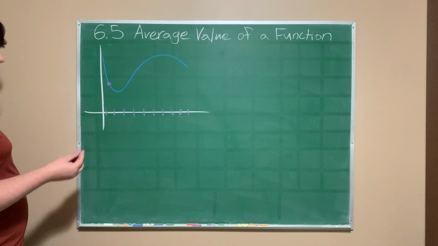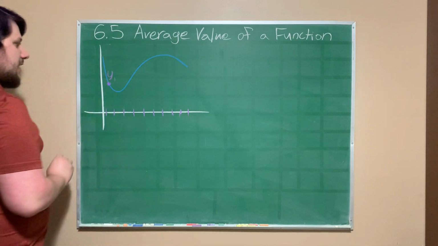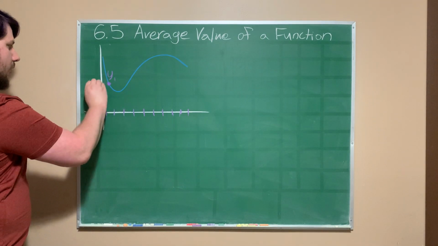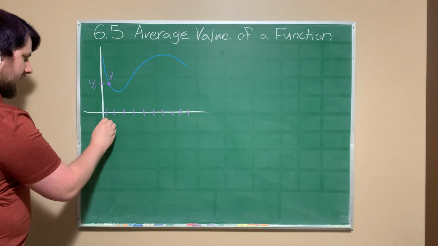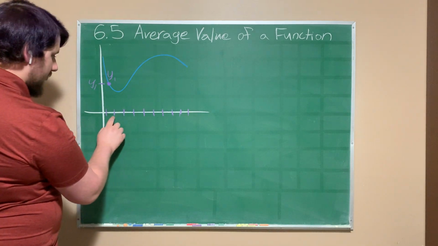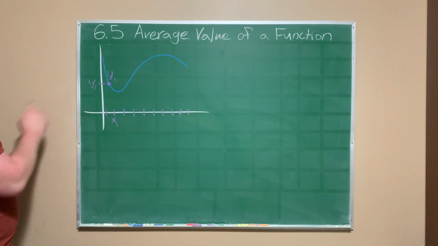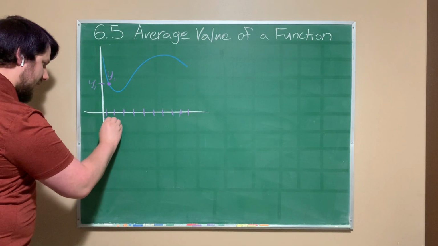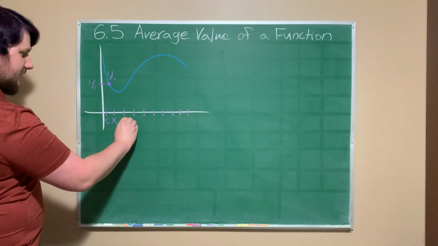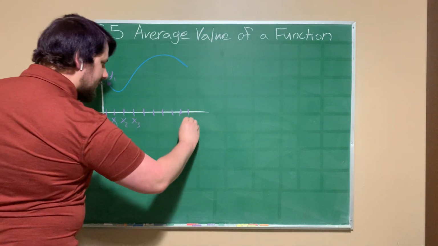So this value here we could call y1, to correspond to the value down here, which we would call x1, the first tick mark after the left side, right? So we've got x0 on the left, x1, then x2, x3, all the way up to xn on the far right side.